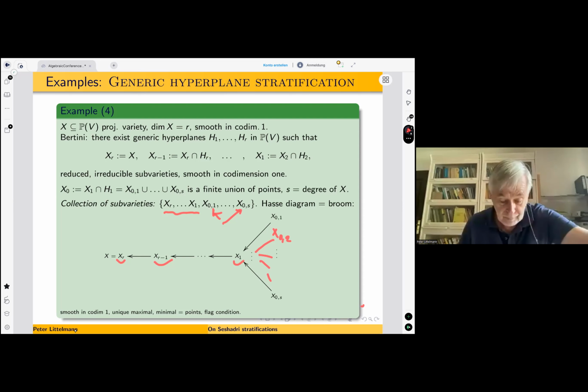And we see that by construction, all subvarieties which I've chosen in this collection are smooth in codimension 1. X itself is an element in this collection. The minimal varieties are all just points. And you also see from the Hasse diagram that the flag condition is satisfied in this case.